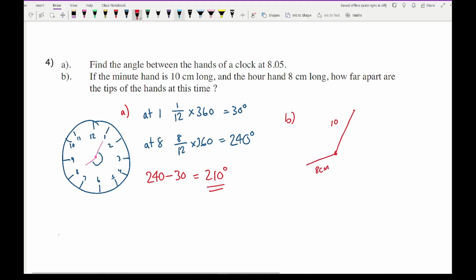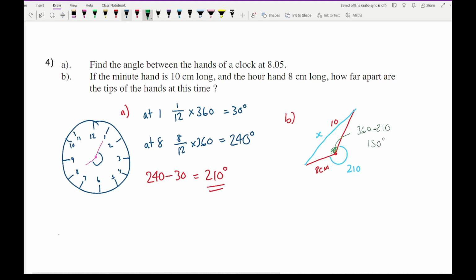What the question's asking is how far apart these are, so that's x. Now, if this angle here is 210, then this angle here must be 360 minus 210, which gives us 150 degrees.